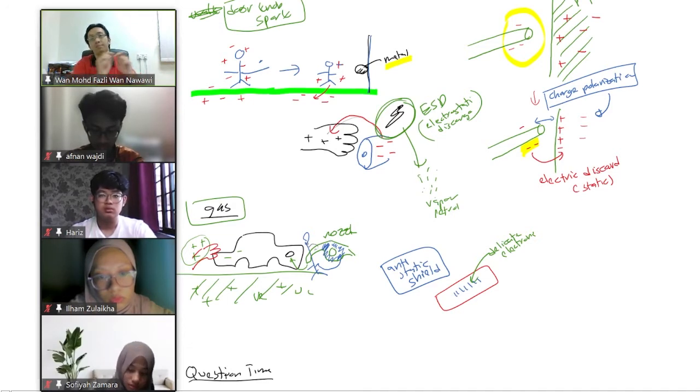That's why you see the spark. Even though you hold the holder, the nozzle is still metal, so the electron from the metal can jump to your hand, and when it jumps, the spark happens.